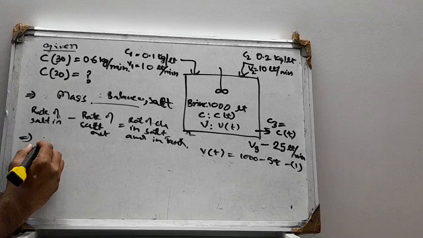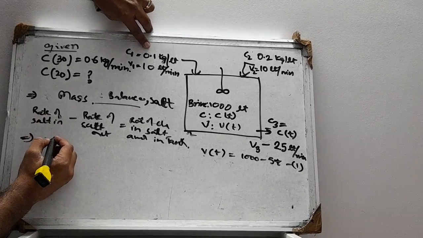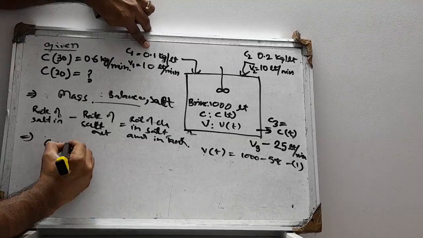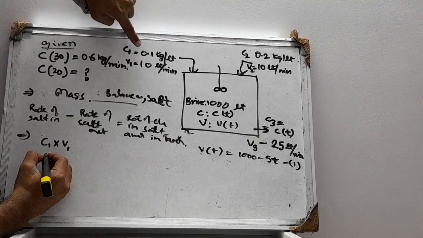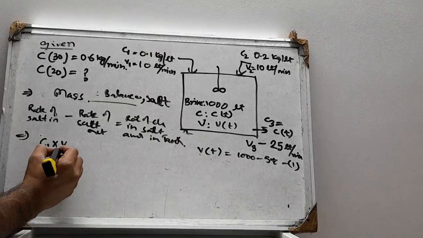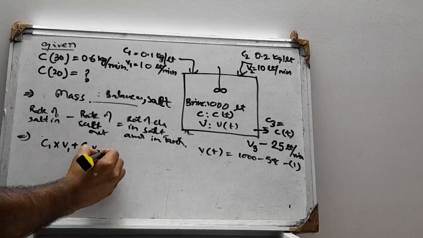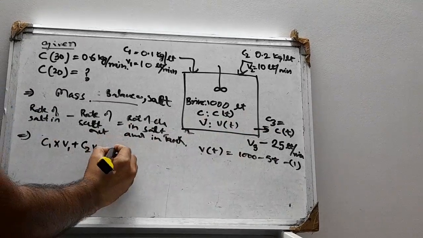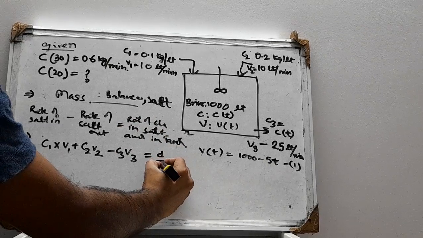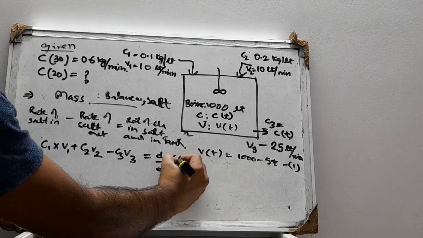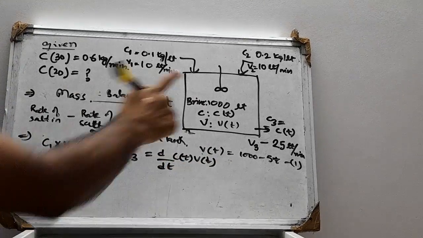So what is the rate of salt in? Use concentration times volumetric flow rate. This will give the total salt coming in through pipe 1, plus there is one more, C2V2, and going out is C3V3, that is equal to the change of salt at any time, that is d by dt of C(t)V(t) in the tank.